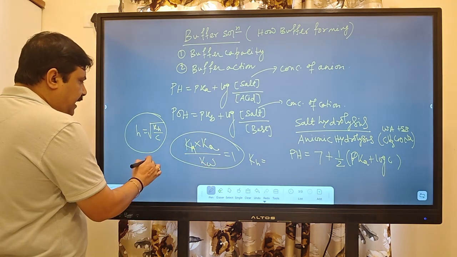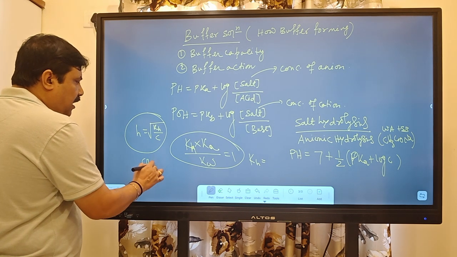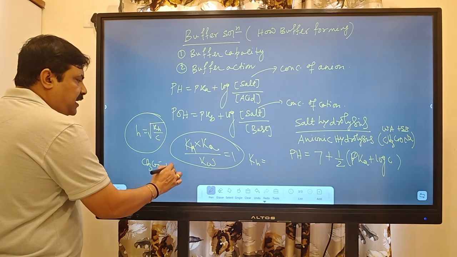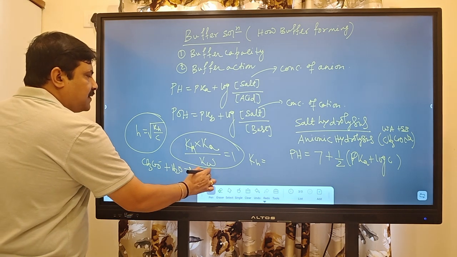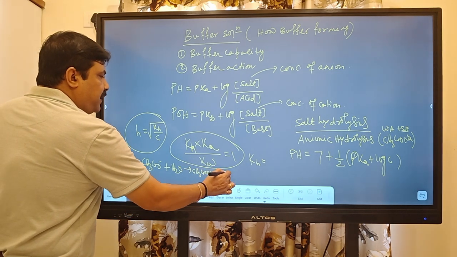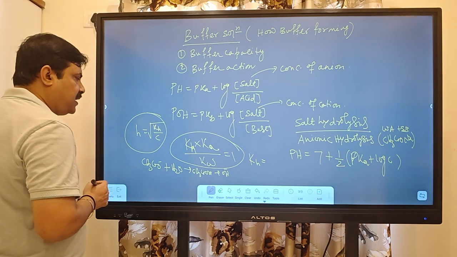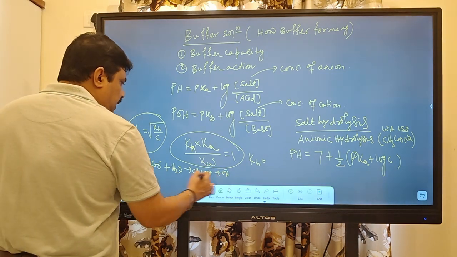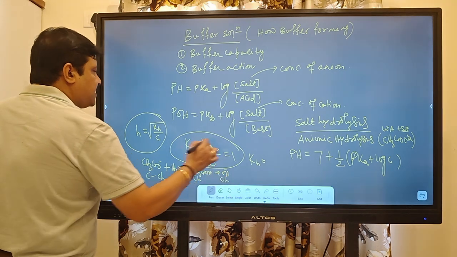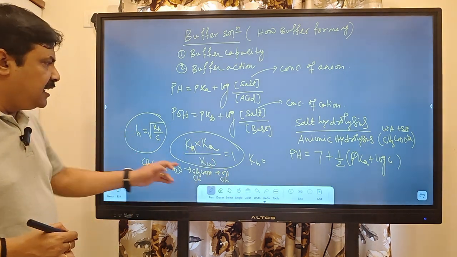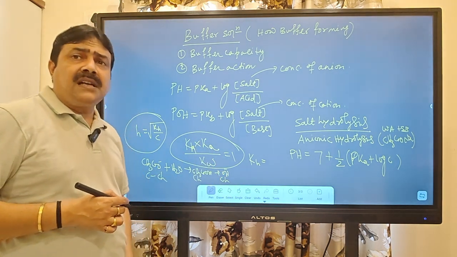And when you get the h value, then anionic hydrolysis means this part will react with water, a large amount of water, forming acetic acid plus OH minus. So immediately here it is C minus Ch, Ch and Ch, that means once h is calculated, Ch will give your OH concentration.